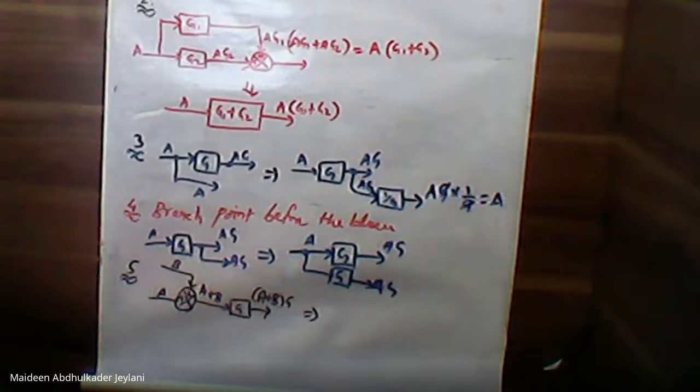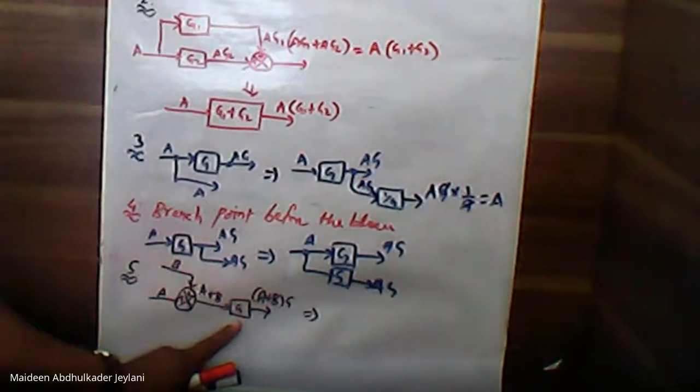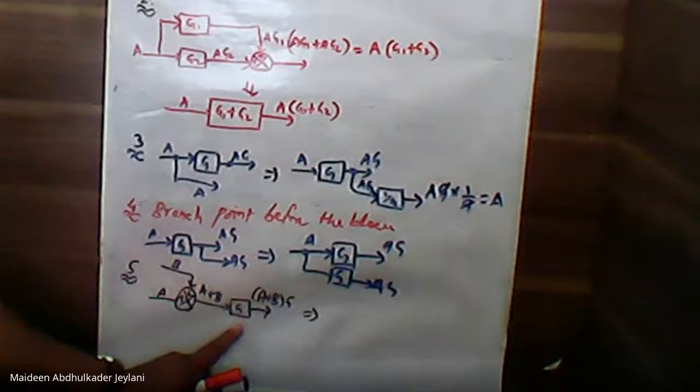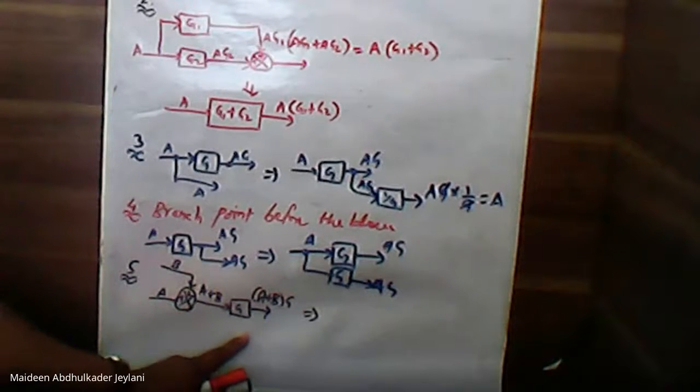And when you are moving this summing point after this block, this is rule number 5, moving the summing point ahead of the block. Here the block is G, so we are going to move this summing point ahead of the block. Clear?